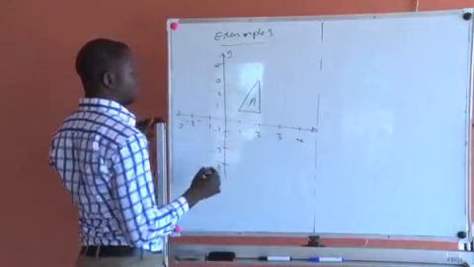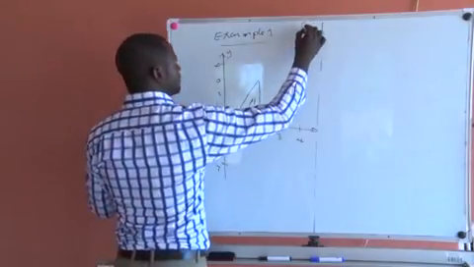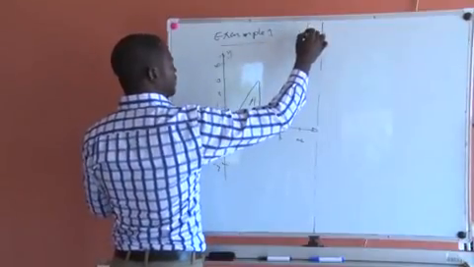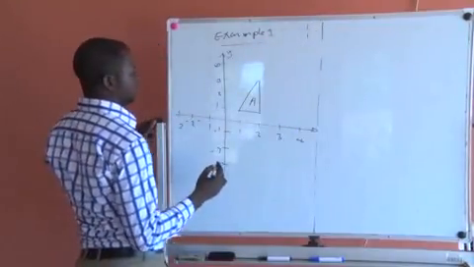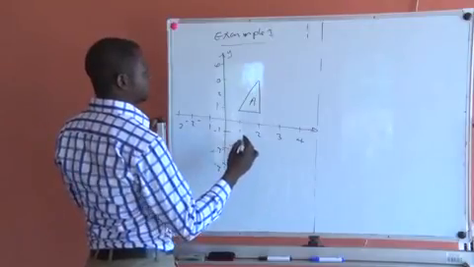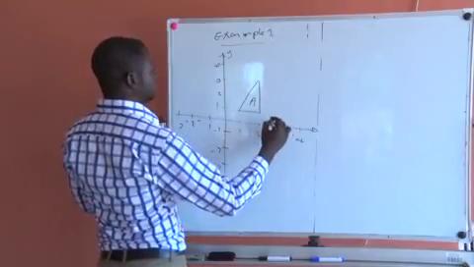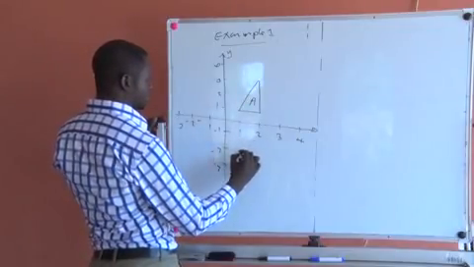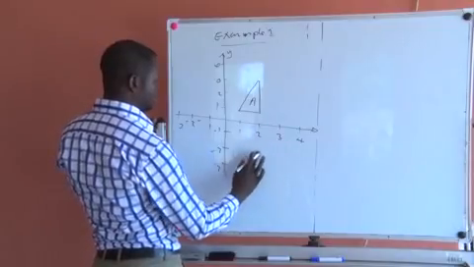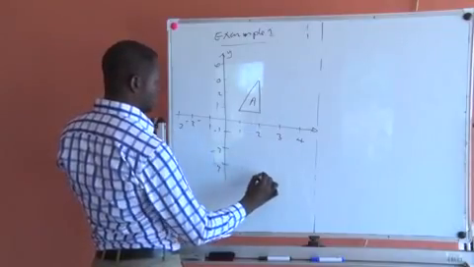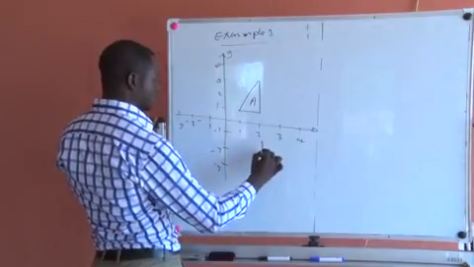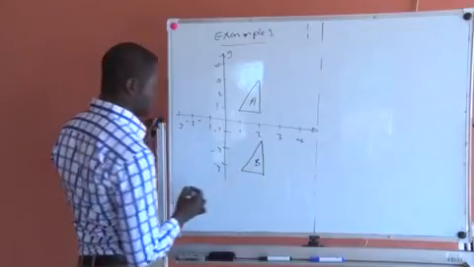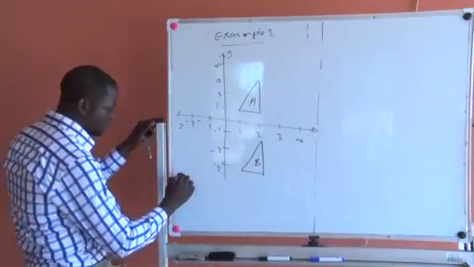This is triangle A. And then we have this one here, which is triangle B.